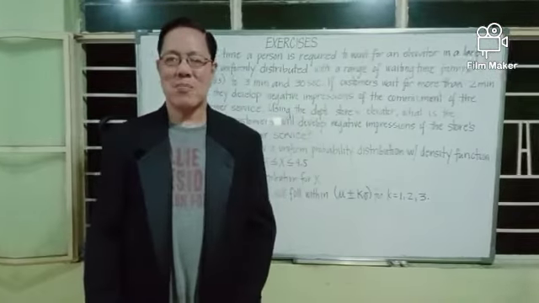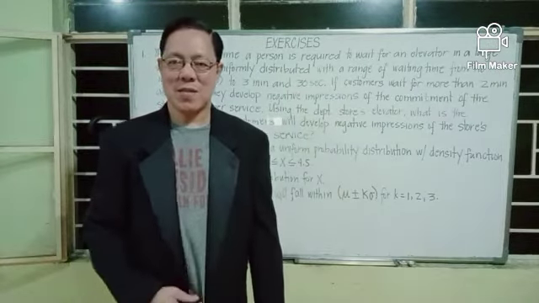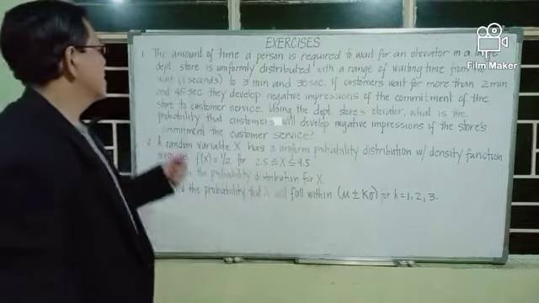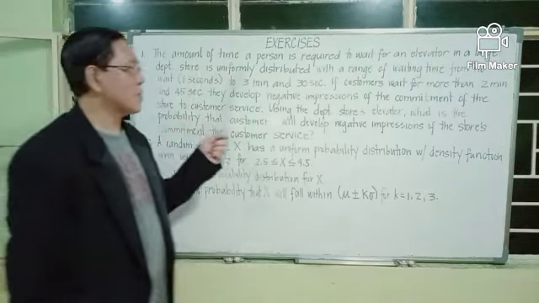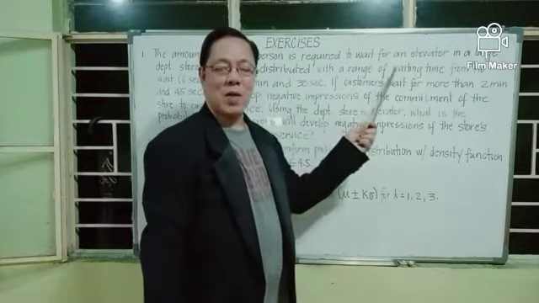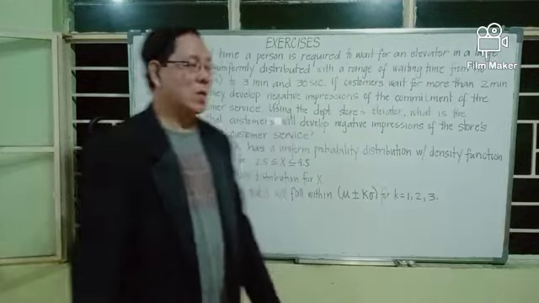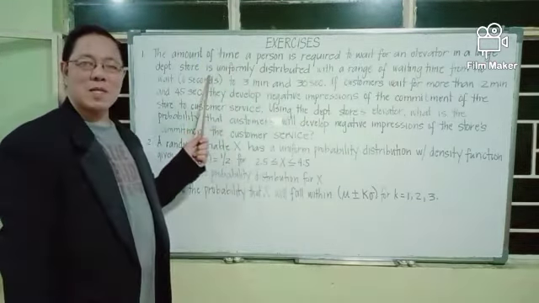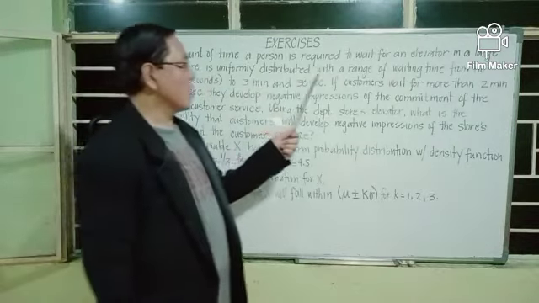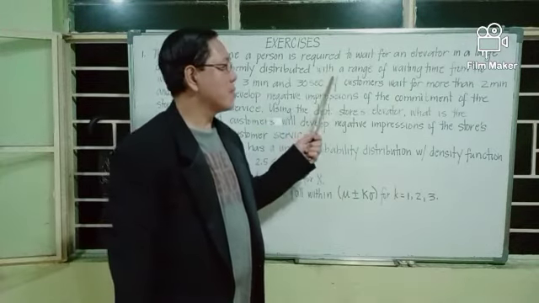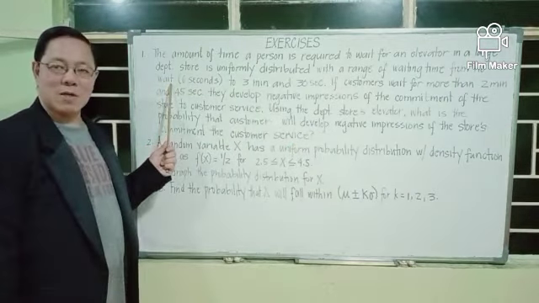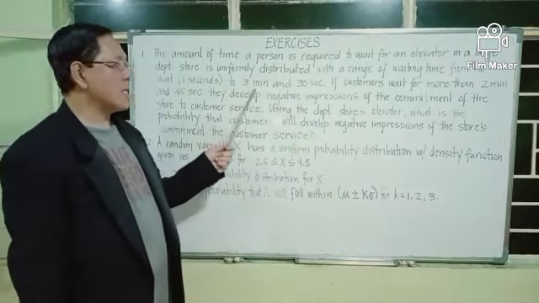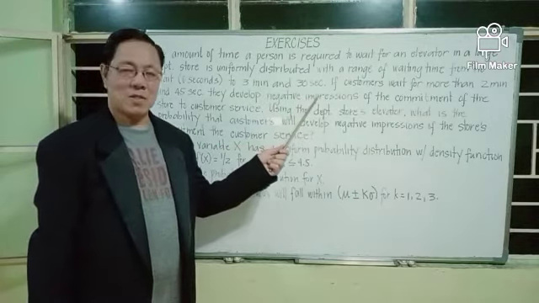For your practice, please try the following exercises. Number 1: the amount of time a person is required to wait for an elevator in a large department store is uniformly distributed with a range of waiting time from no wait, that is 0 seconds, to 3 minutes and 30 seconds.